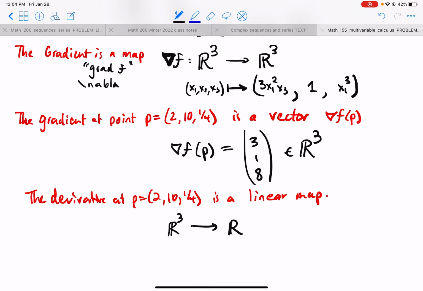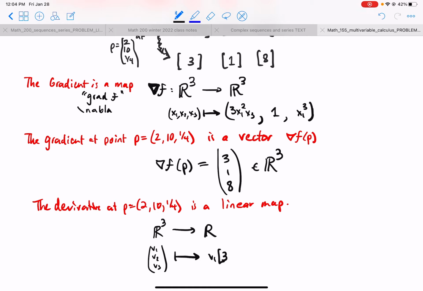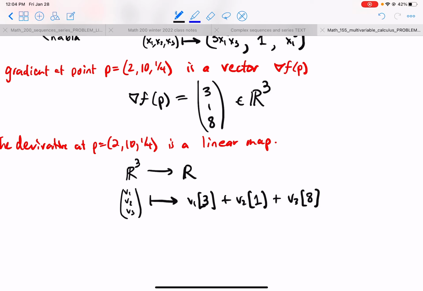So now I have to invent new variable names. How about v1, v2, v3 goes to v1 times the first column of the Jacobian plus v2 times the second column of the Jacobian at that point plus v3 times the third column of the Jacobian. And then we just notice that this is actually the dot product of v with the gradient.